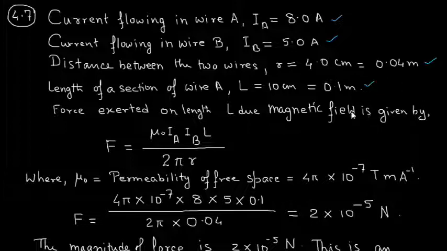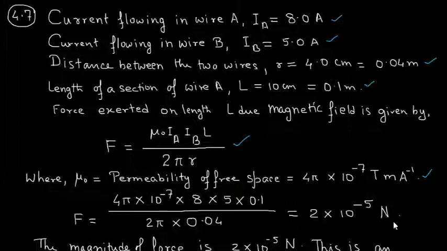Force exerted on the length L due to the magnetic field is given by F is equal to mu naught IA IB L upon 2 pi r, where mu naught is the permeability of free space, that is 4 pi multiplied by 10 to the power minus 7 Tm A inverse.